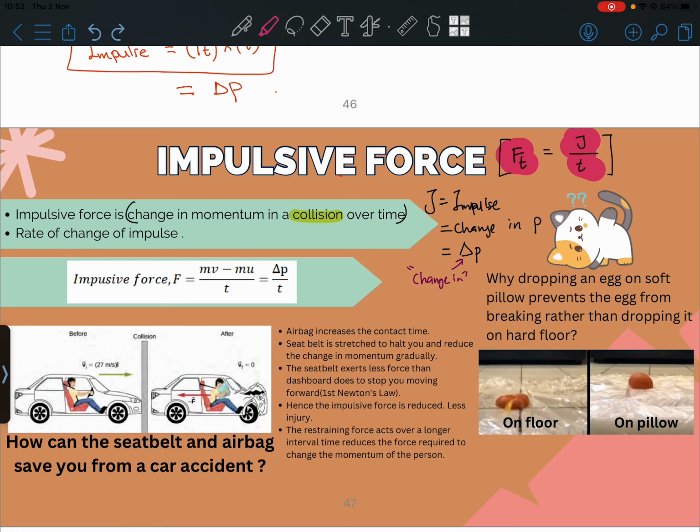So how can a seat belt and airbag save you from a car accident? The airbag increases the contact time.